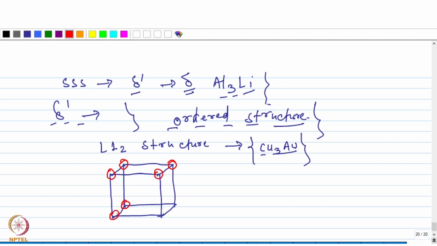Where the corners are occupied by the lithium atoms, and the face centers are occupied by the aluminium atoms.